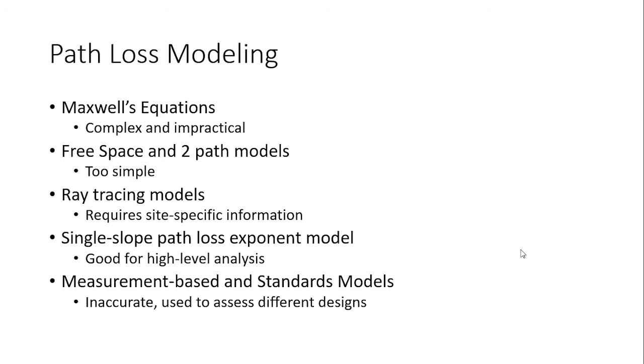Maxwell's equation, the first path loss model, explains the interaction between the electric and the magnetic fields, which combine into electromagnetic propagation. It is, however, extremely complicated and unworkable. As a result, there are modeling approaches that are simpler to employ, such as the free space and two-path models.